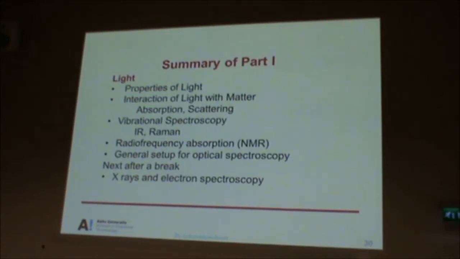Then we also saw radio frequency absorption, which forms the basis of nuclear magnetic resonance, and then we moved on to the general setup for optical spectroscopy, where we have the source, the wavelength selector, the sample container, and then the signal transducer. And after a break, we will deal with X-rays and electron spectroscopy.